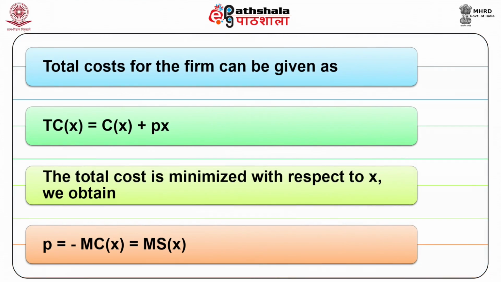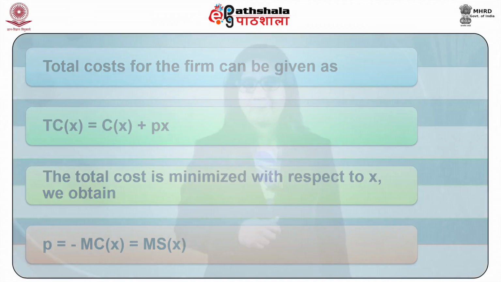So, total cost for the firm can be given as TC, which is equal to C(X) plus pX. The total cost is minimized with respect to X, and we obtain p, the emission fee or tax, equal to the negative of marginal cost, which is equal to marginal savings at pollution X.